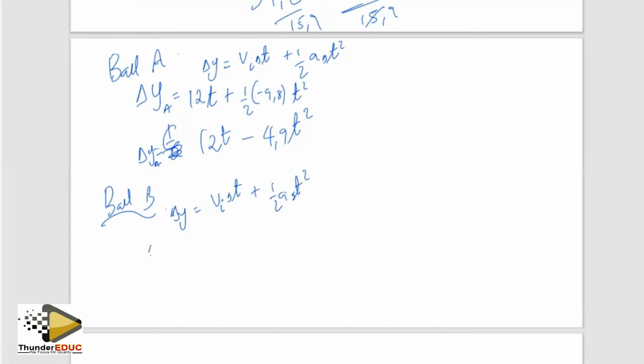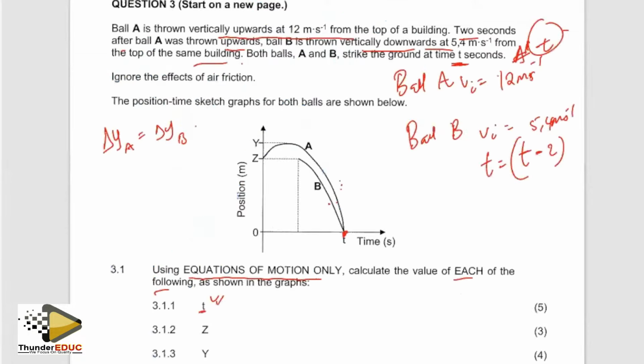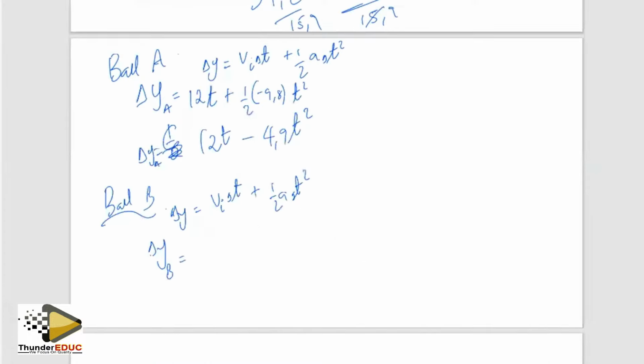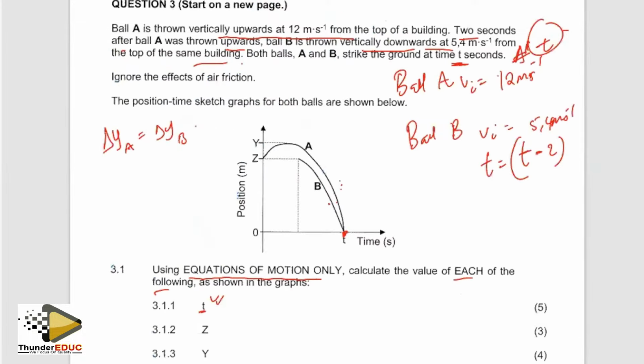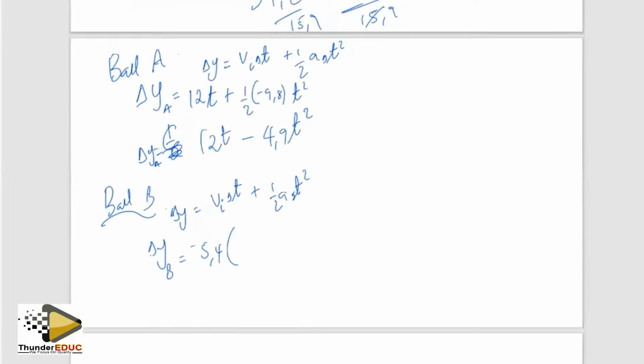Doing the substitution, since it was projected downwards, I'm going to say negative 5.4 into the time for B, which we said is t minus 2, plus a half of 9.8 into (t minus 2) squared.